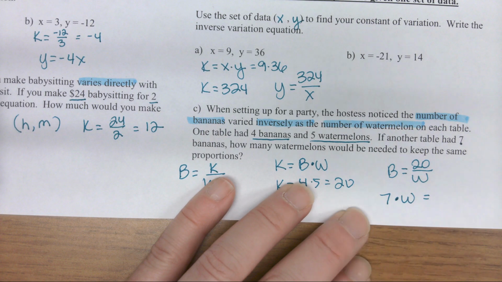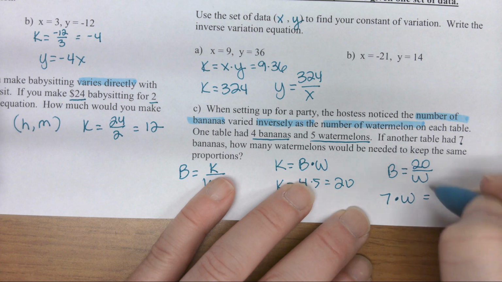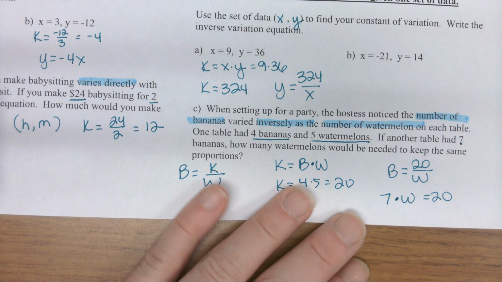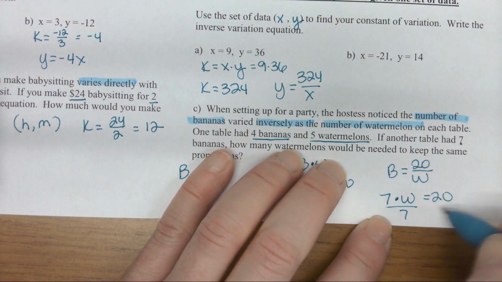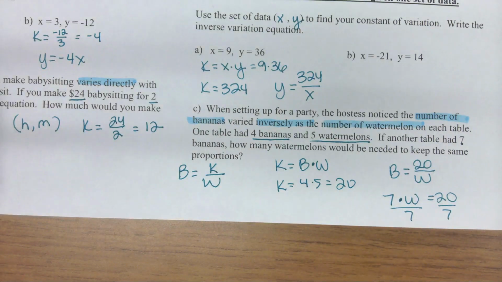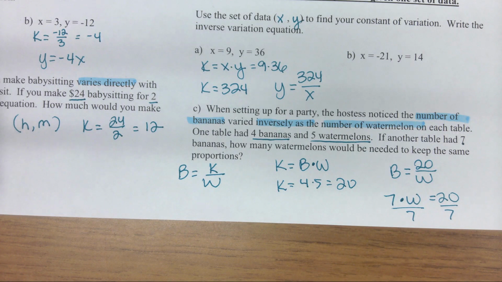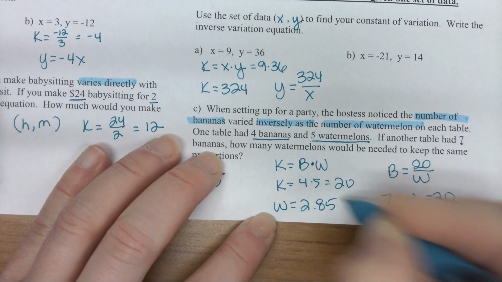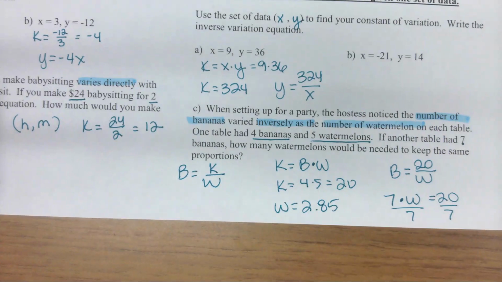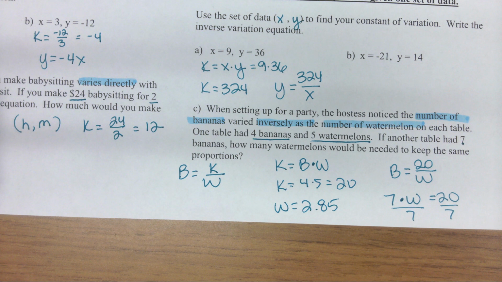I want it to equal 20. Now, is this going to be exact? No, give me a decimal, would you? What is that? Okay. I don't know that anybody's going to measure 2.85 watermelons, but maybe you'd be safe to put about 3.